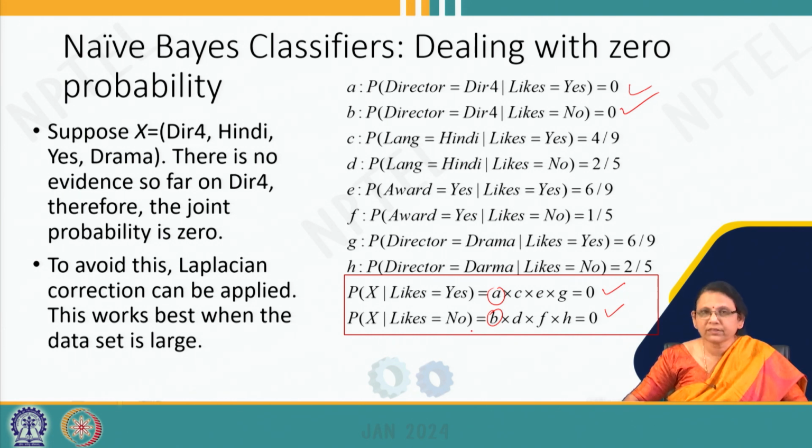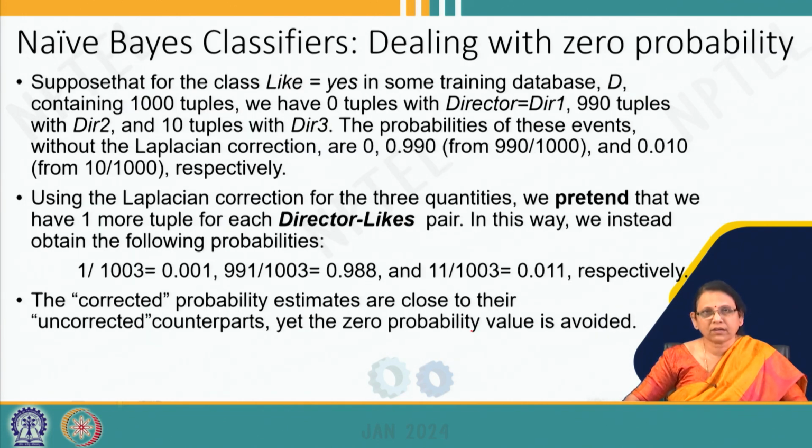Now how to best deal with this situation? To deal with this situation, we use a concept called Laplacian correction. To understand what Laplacian correction is, let us extend this example. Now suppose the class like equal to yes in some training data set D, and there are 1000 tuples of this type in the data set.